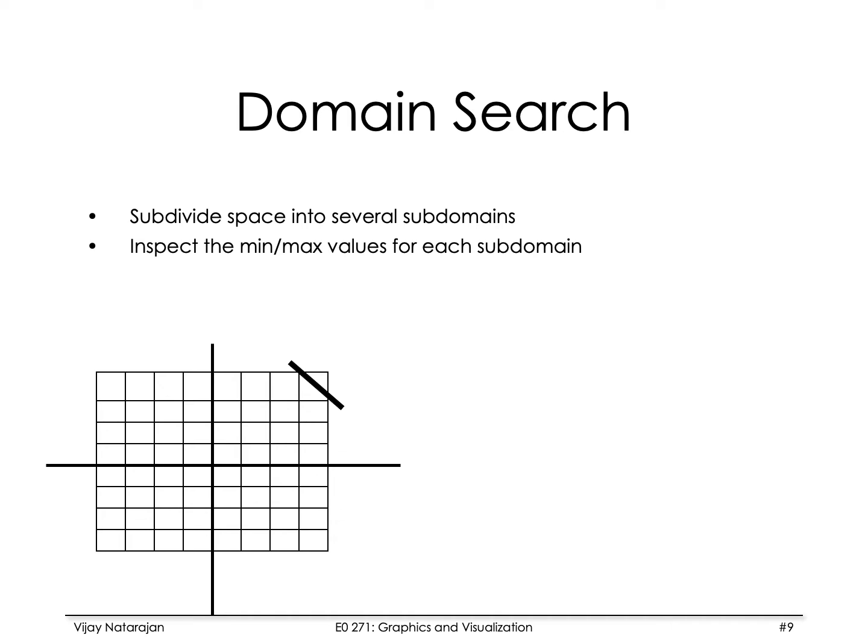What I would like to do is to annotate this octree or quadtree by storing the min and max values corresponding to each subdomain. So these min and max values can be aggregated over all cells in the subdomain to give us a single min max value for the subdomain.